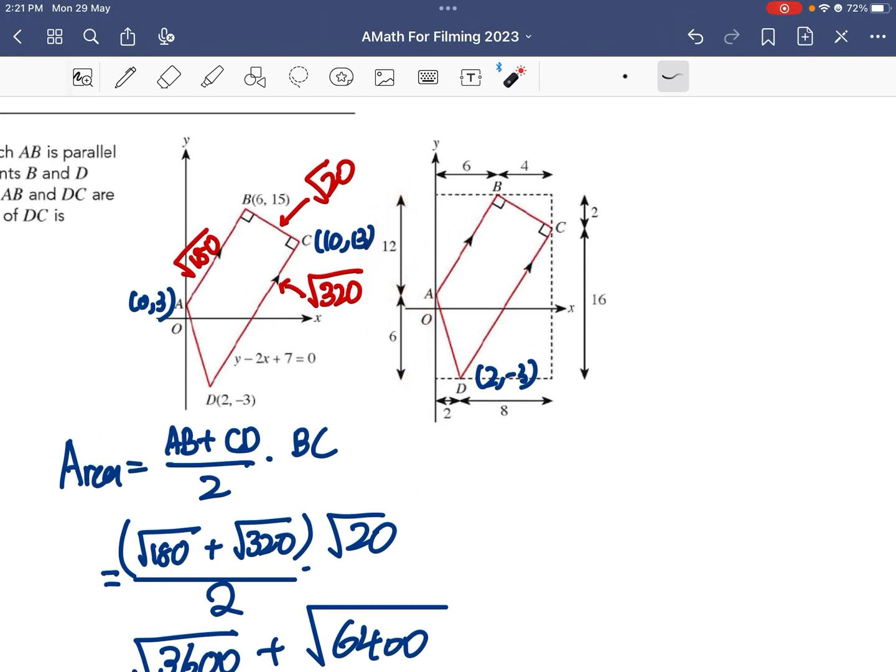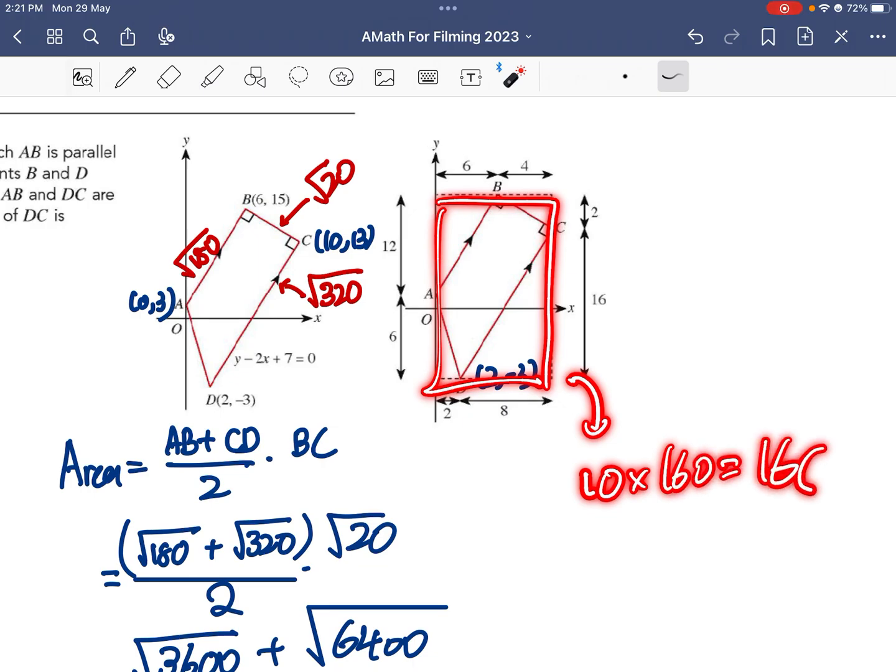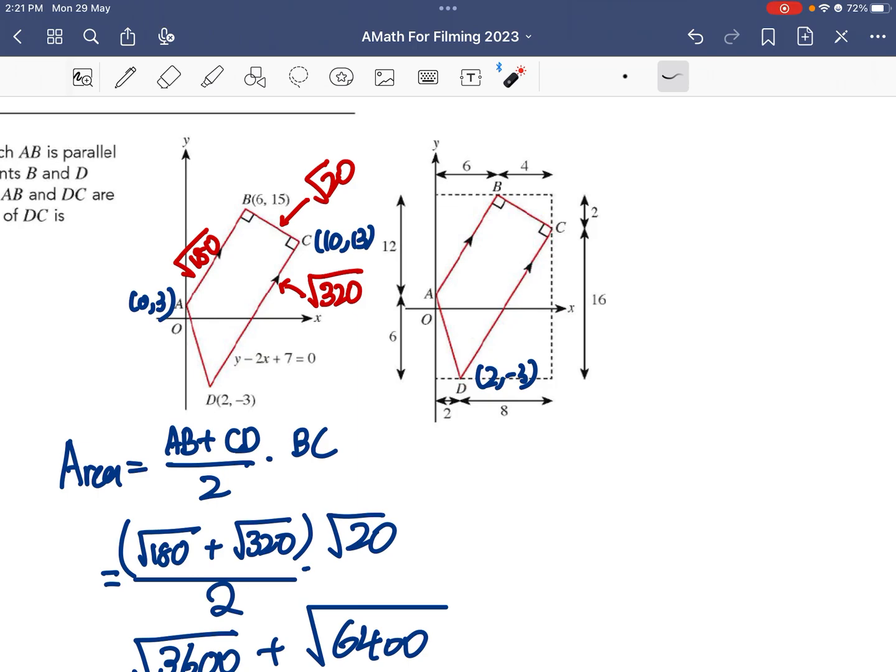Hence, you can go around and start to figure out what all of these lengths are. So basically, the whole rectangle here, the number of units will be 10 times 18, not 16, 18. So 2 plus 6. So here is 10, here is 18.